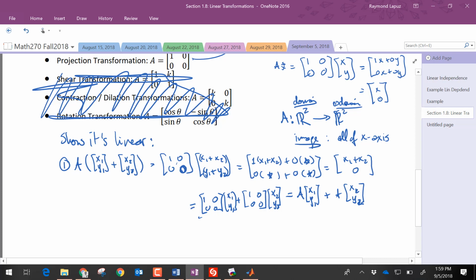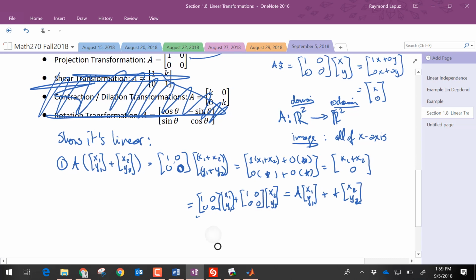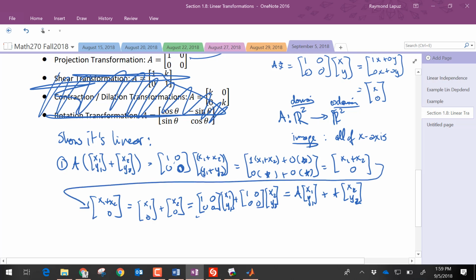And then I can perform the matrix multiplication for each of these vectors, and see that this is actually equal to x1 plus x2 and 0. And then those two are the same, so this string of equalities must have been true.